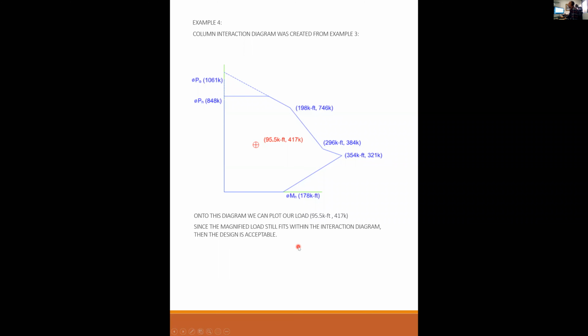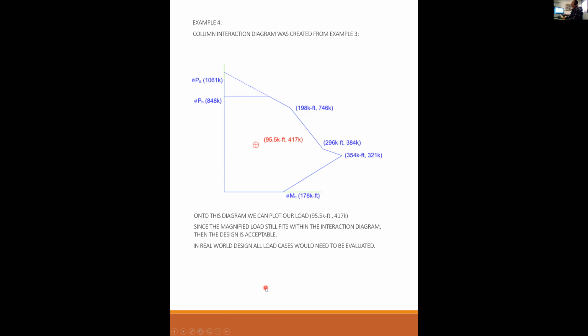So since the magnified load still fits within the interaction diagram, then this design is acceptable. And the total amplified moment was 1.39 of the original moment. So that criteria was met. This criteria is met. We got a good design. That column will work.